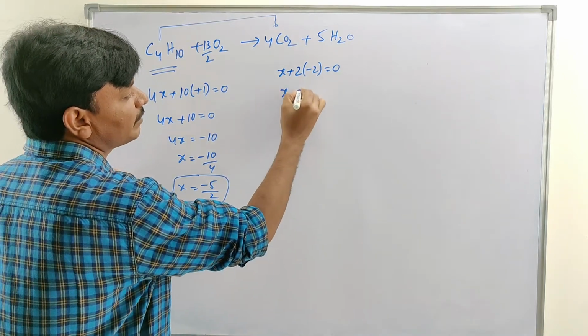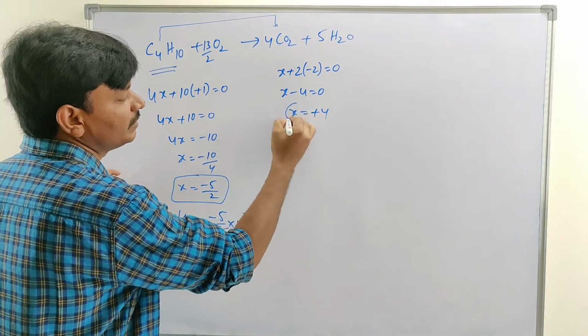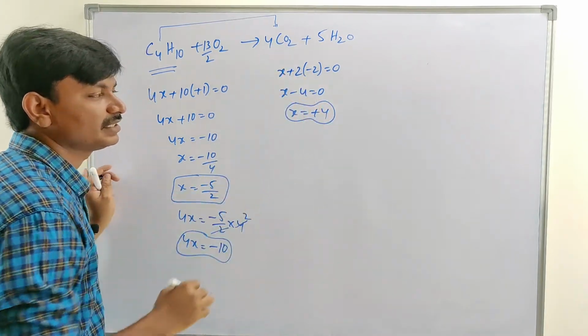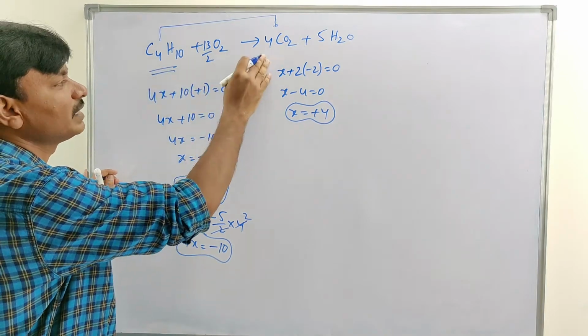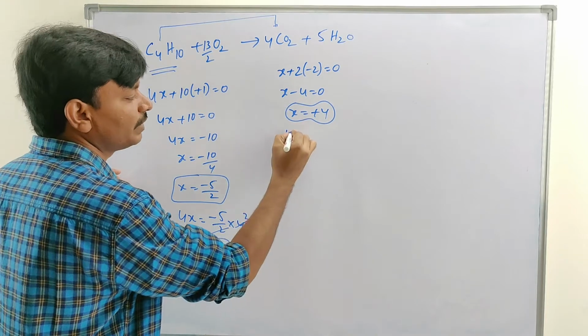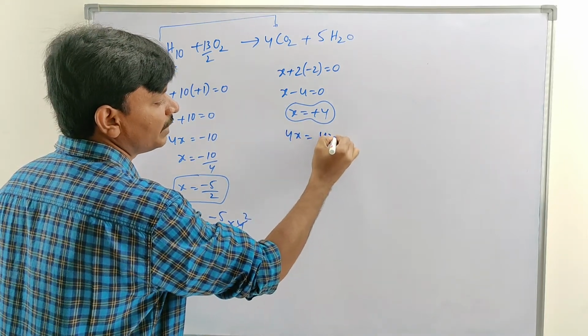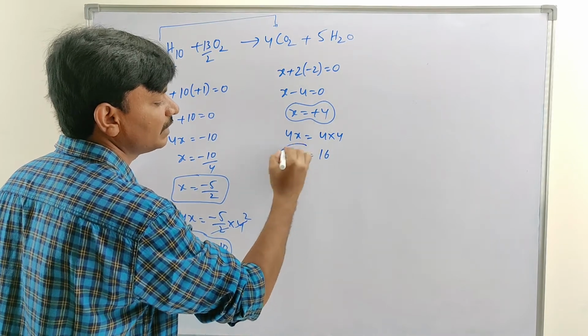Here it is x minus 4 equal to 0, x equal to plus 4. In CO2, carbon oxidation number will be plus 4. But here, totally 4 carbons are involved in this given conversion. That's why 4x equal to 4 into 4, totally 16 electrons.